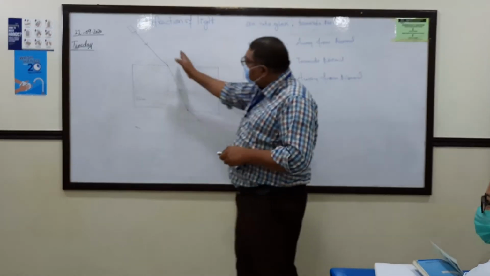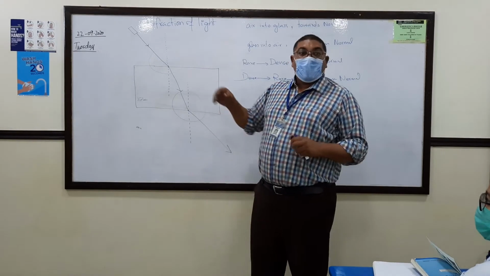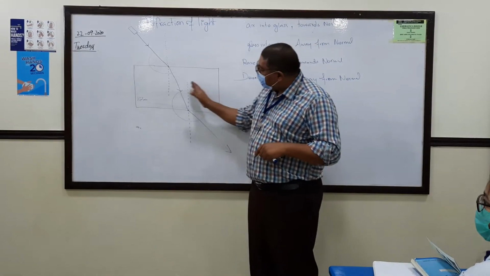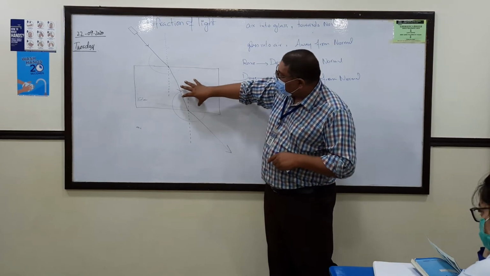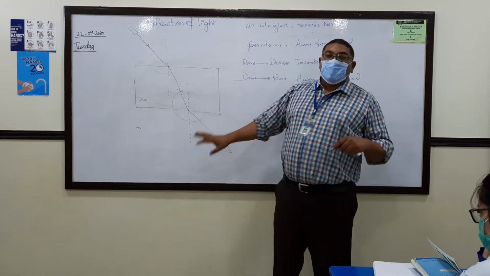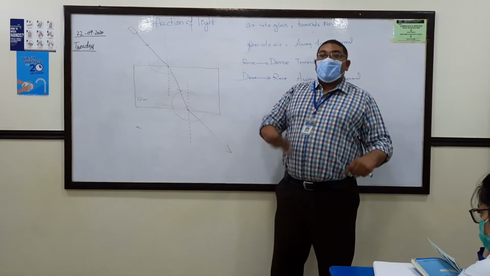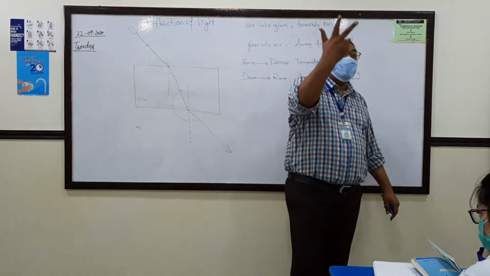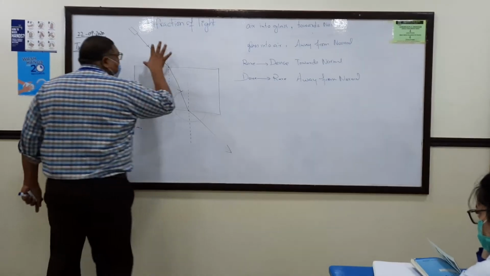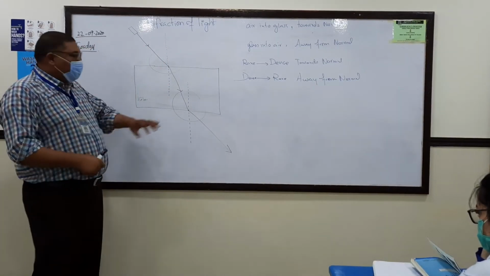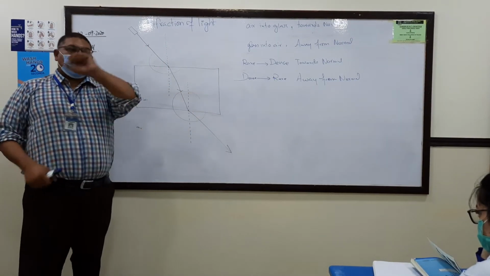The refraction is also happening here, because here the light is entering from glass into air. So in this whole thing, the refraction took place two times. One, the refraction took place here, and the second time, the refraction took place here.